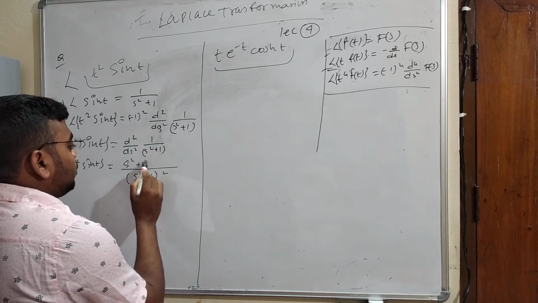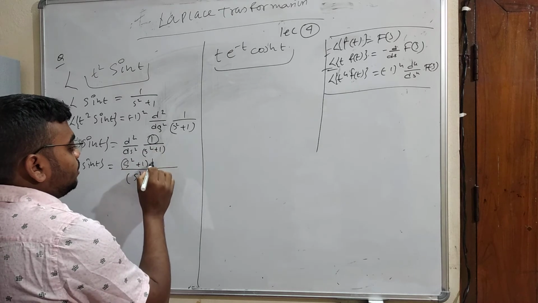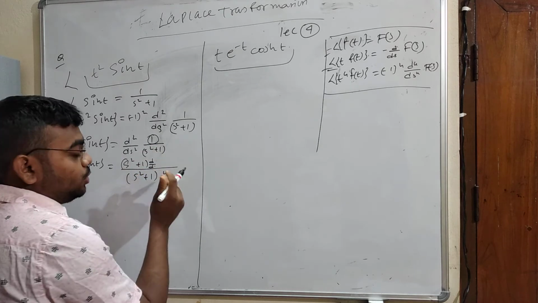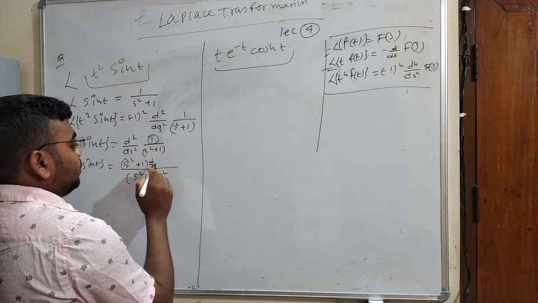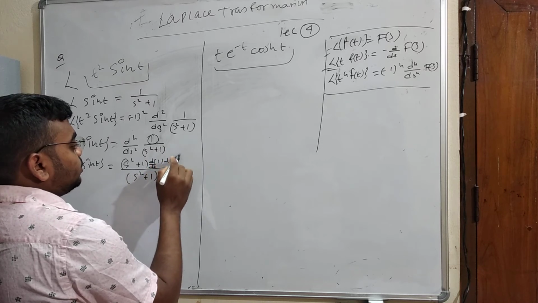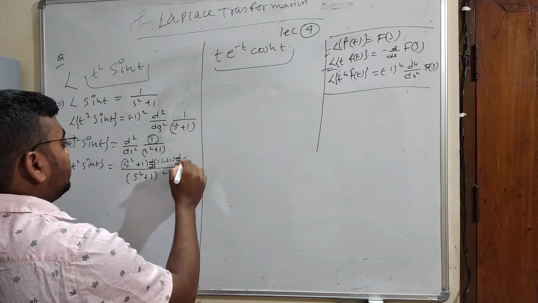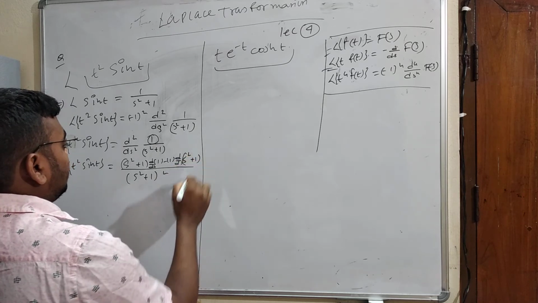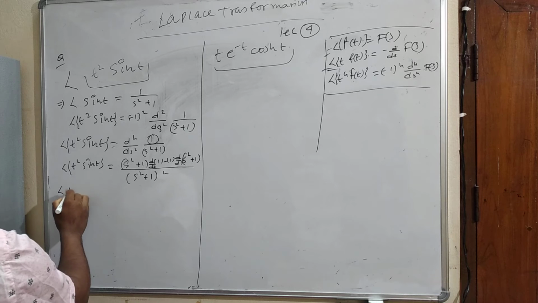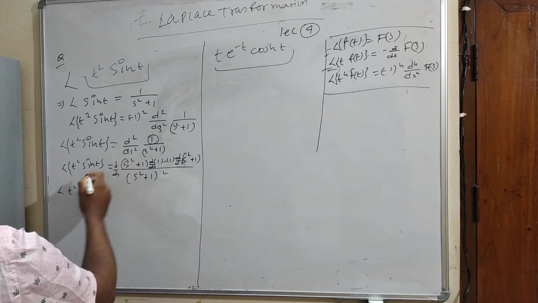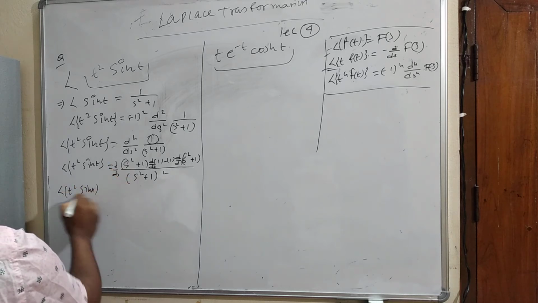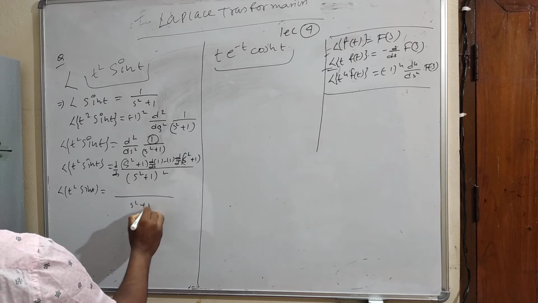By the division rule, the first derivative will be minus 2s upon s square plus 1 whole square.